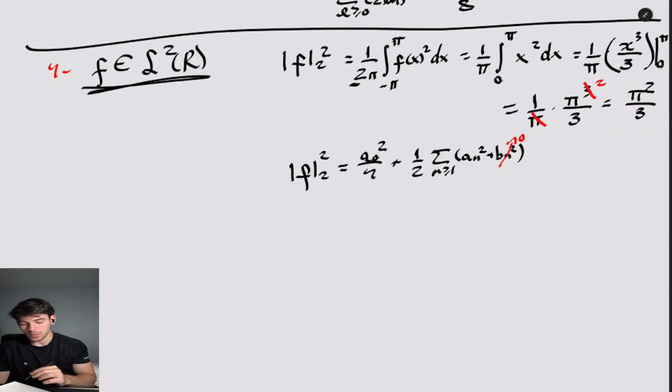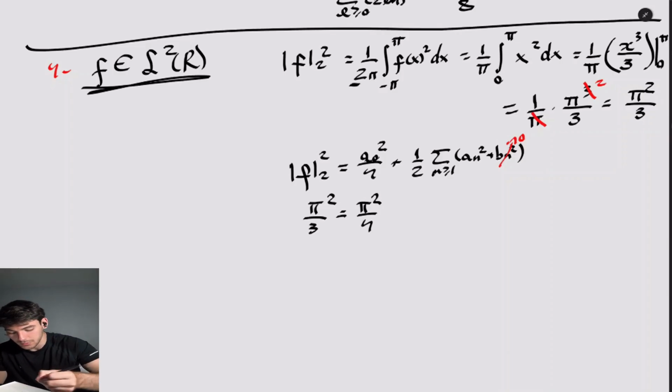And we have all the other values, so let's just substitute. So the 2 norm squared equals pi squared divided by 3. Our a0 is minus pi, so minus pi squared will have pi squared divided by 4 plus 1 divided by 2 times our an squared.